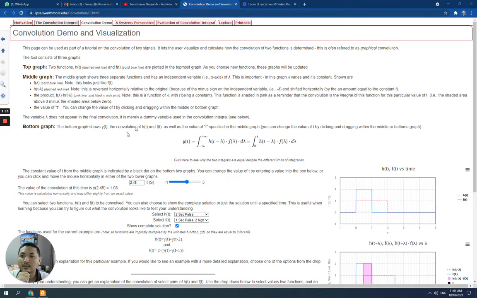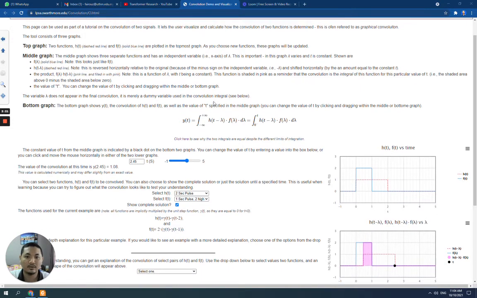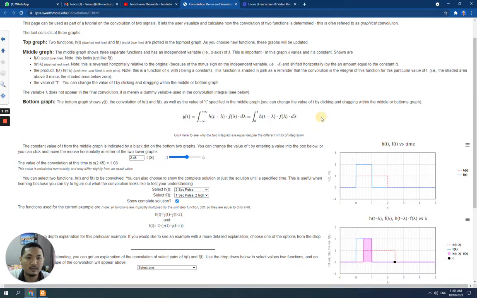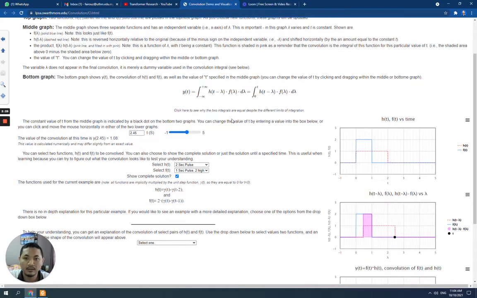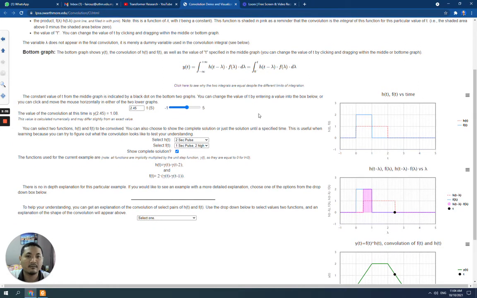So here we have this website, a convolution demo and visualization. You can see here the same thing, the equation for the convolution integral. So let's say we have two functions, two waveforms, h(t) and f(t). h(t) is a 2-second pulse, which is this one.